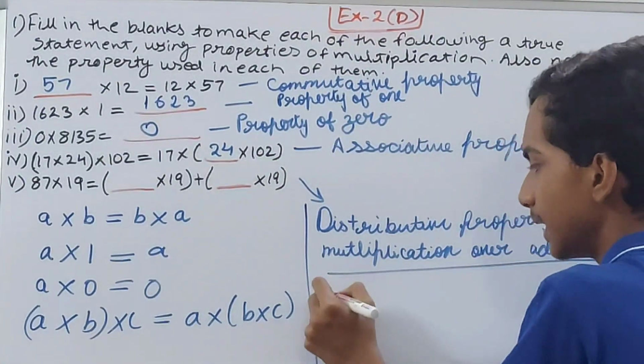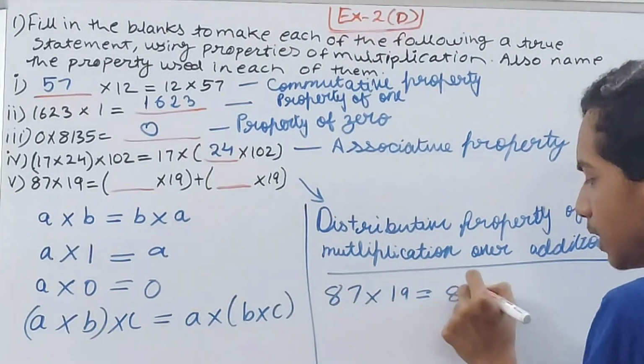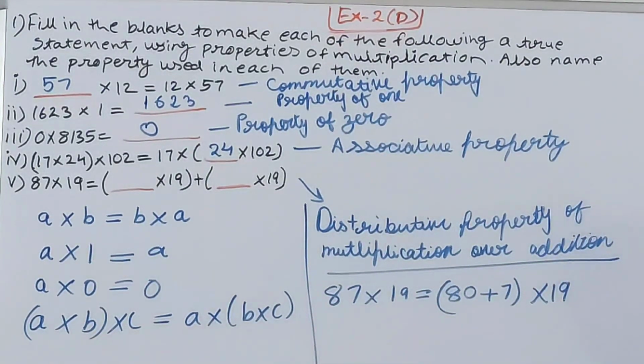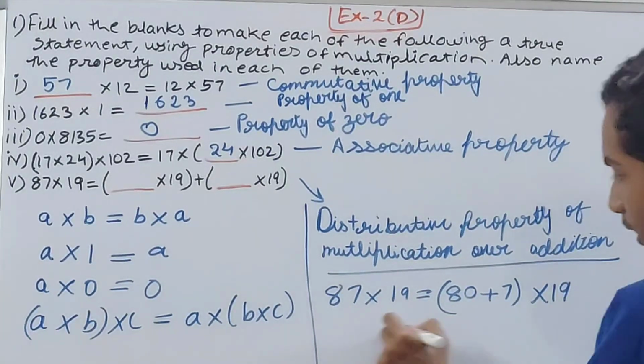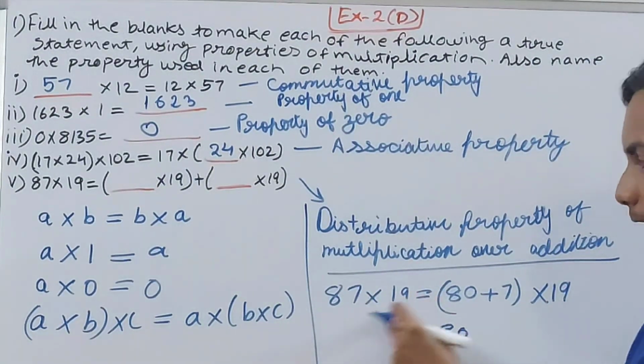What you will do here, see, you have 87 into 19. Can you not write this as 80 plus 7 into 19? The value is not changing, right? 80 plus 7 is 87 only, and I have just broken it down. Now I will open the bracket, and what will I get? Either you can add the two and then multiply. You can directly do this.